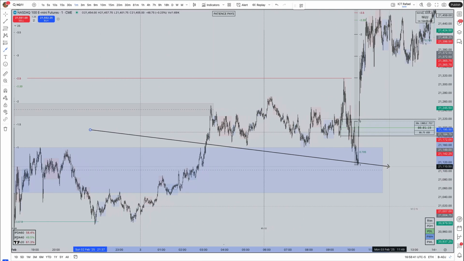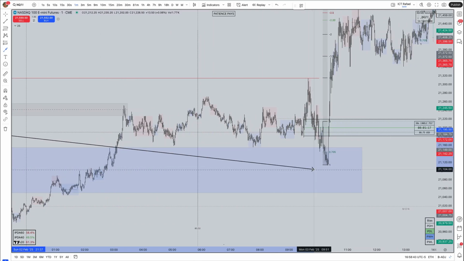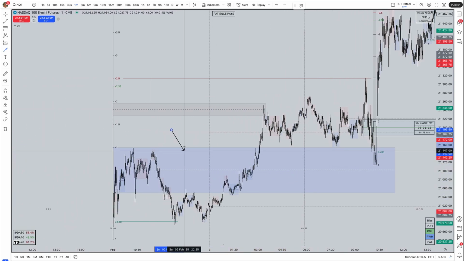So as you guys can see, price never went below the 50% of this zone. This is a very strong zone when your final projection is not done yet. When you go to 2.5 or 2.33, you can expect a retrace to this level, this blue box here, 0 and -1.